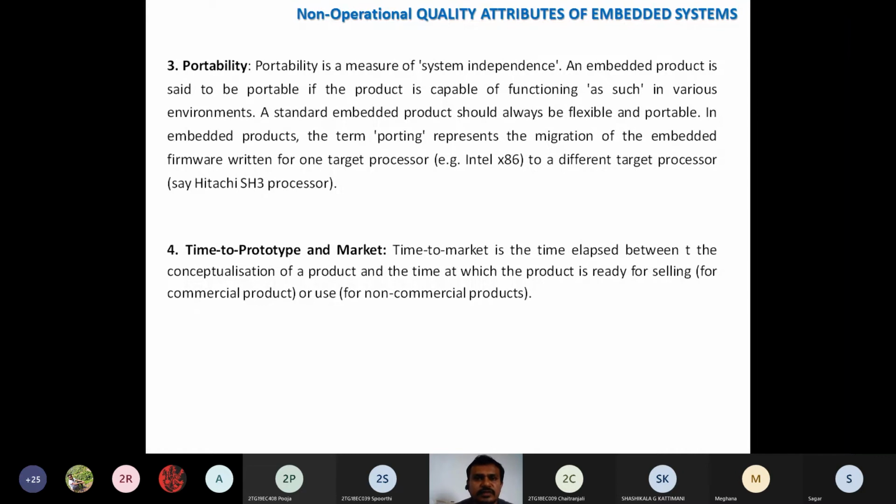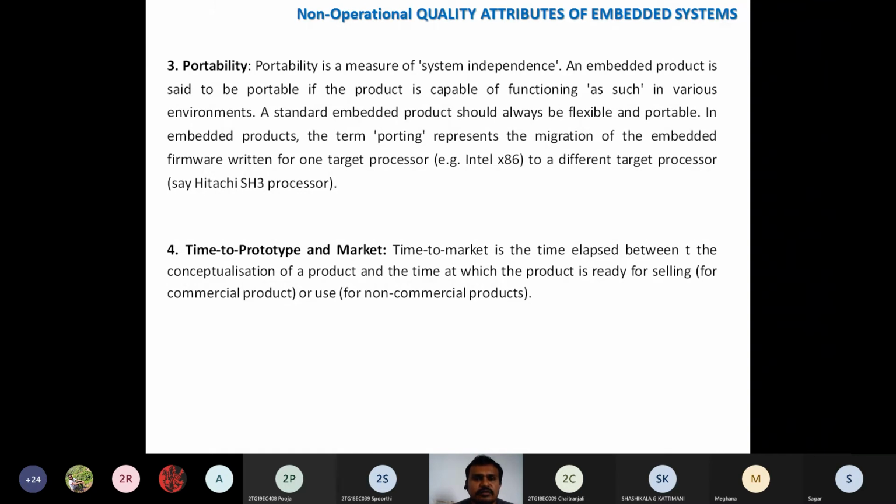Say I want to design one washing machine. Now you got the idea. So what is the time to make it or bring it to the lab? The idea is there in your brain. When you are going to bring it to the lab, the beginning of the working of that embedded system should start.